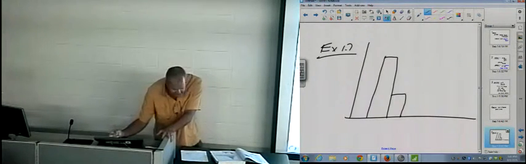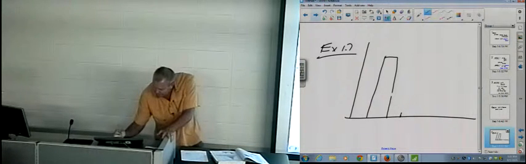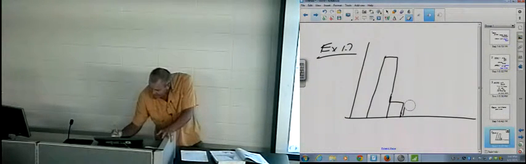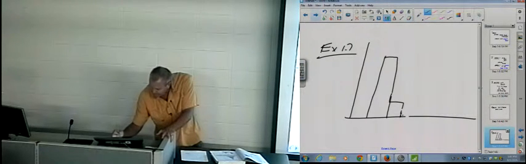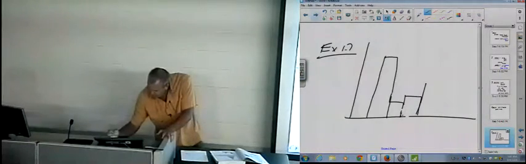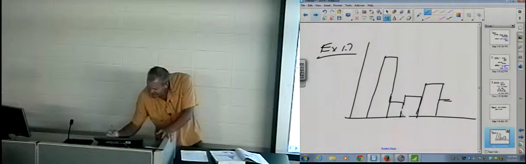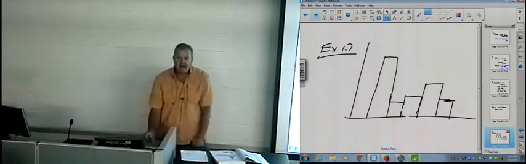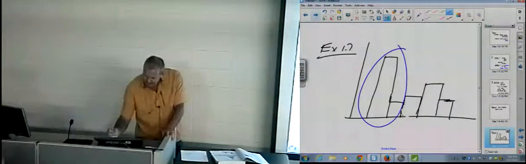And then I see this. You notice I didn't ask you for shape or anything. The thing that catches my eye here is this. You see that group there?